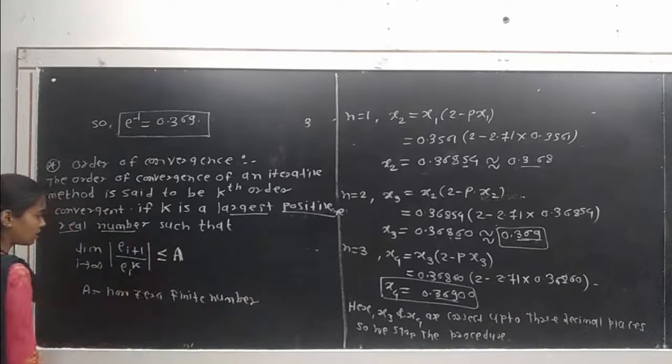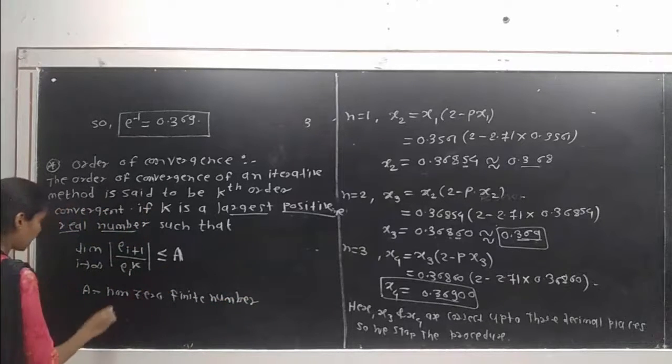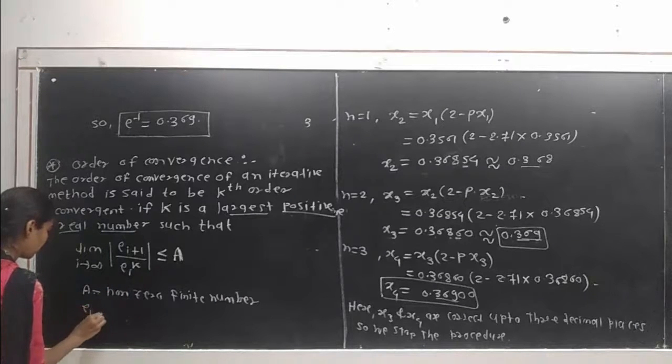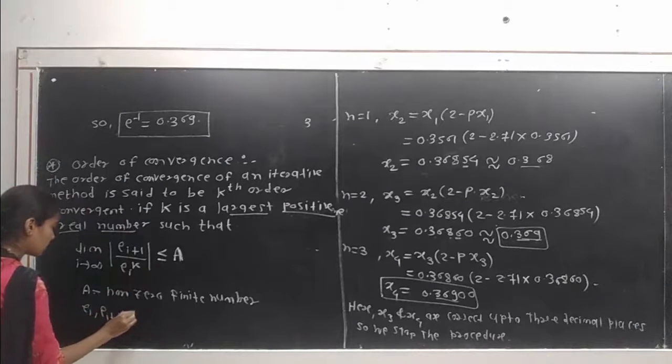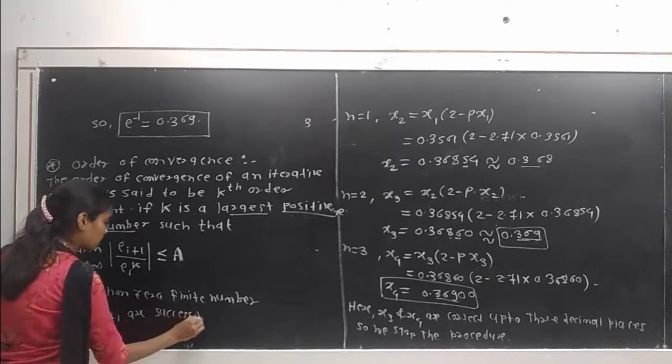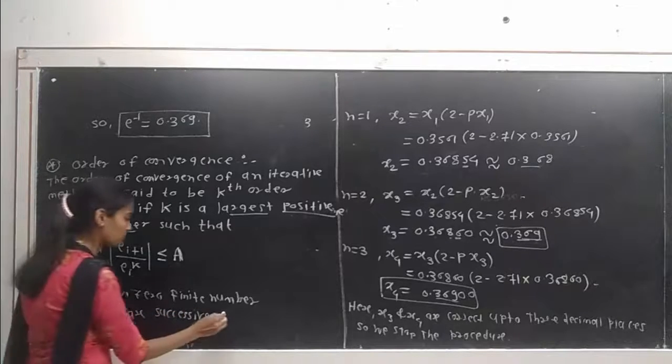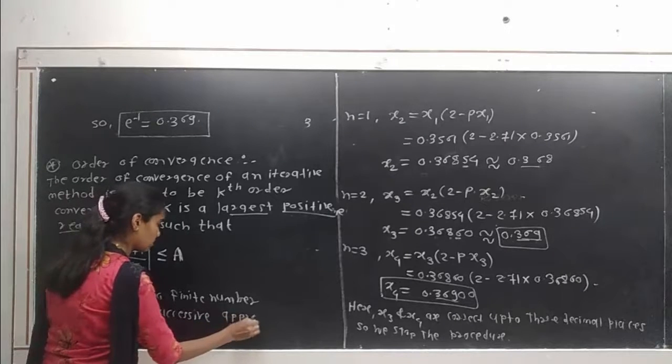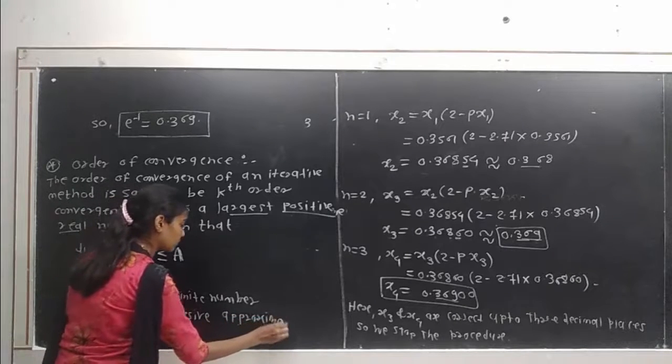We say it is the asymptotic error constant, and e(i) and e(i+1) are successive approximations in the iterative method.